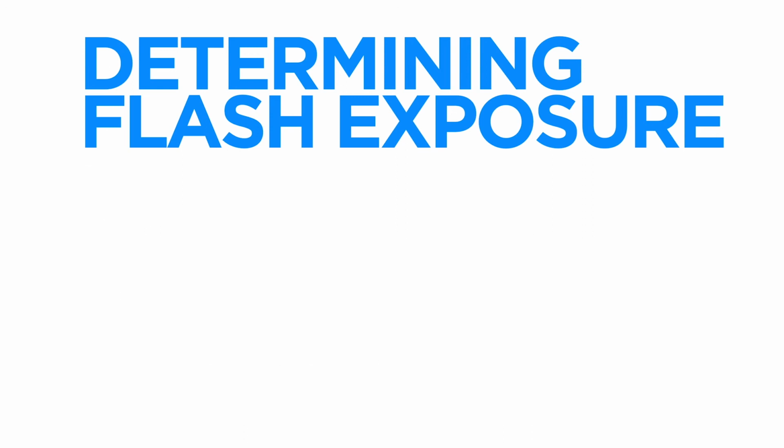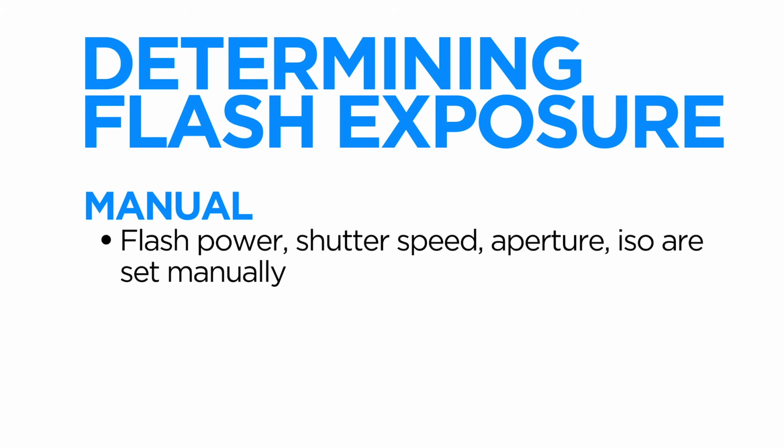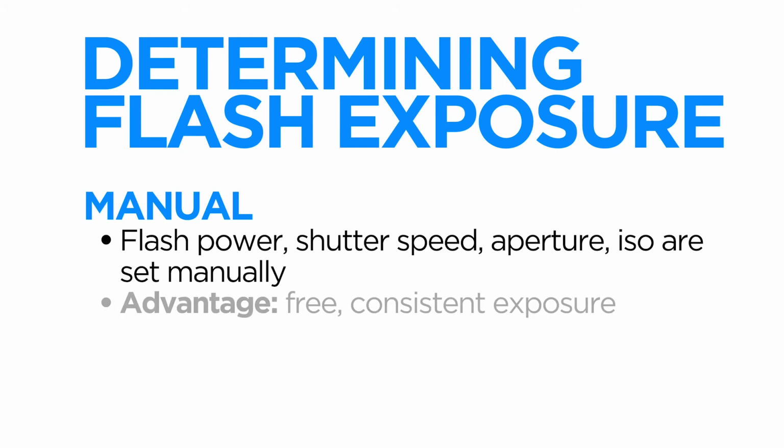The next way to determine flash exposure is to go with a manual method where you're going to set all five of the exposure elements and determine what your exposure will be. So you're going to set all those things yourself. And then the advantage to this is it doesn't cost any extra money. You'll get consistent exposure as long as you keep the variables consistent.